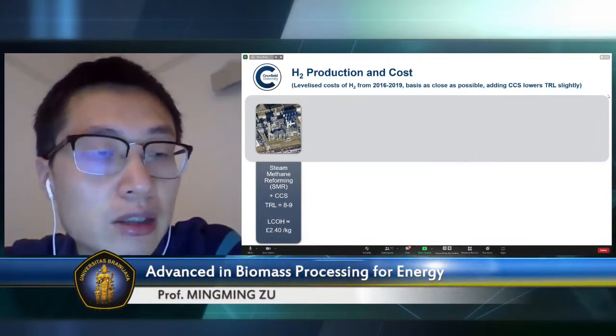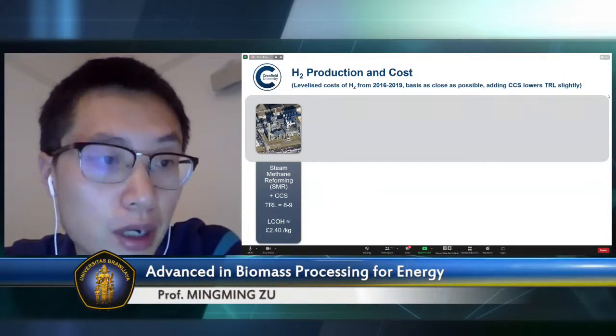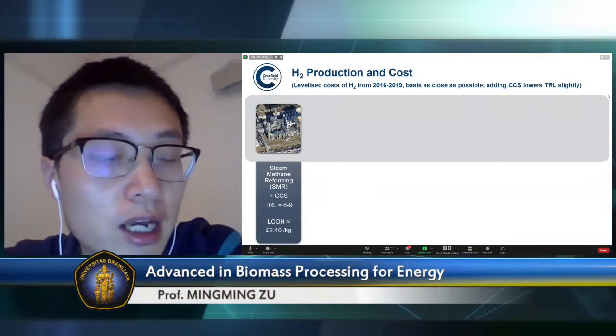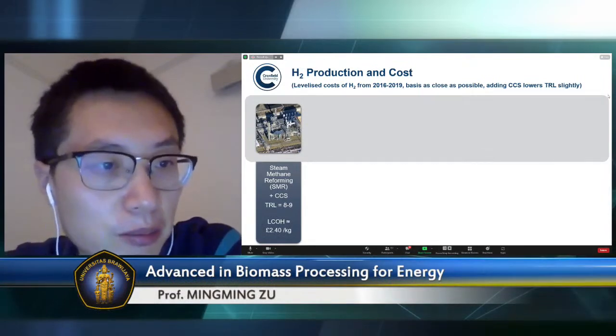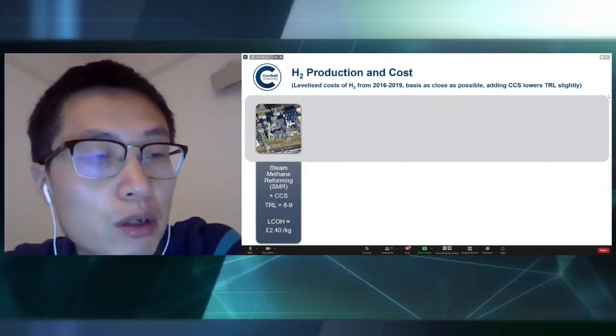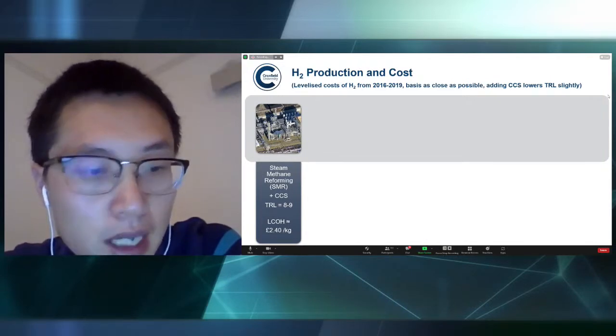And this is quite cheap, but recently, because of the high price of methane, and also the process produces carbon dioxide. And if we want to capture the carbon dioxide, the cost will go up.